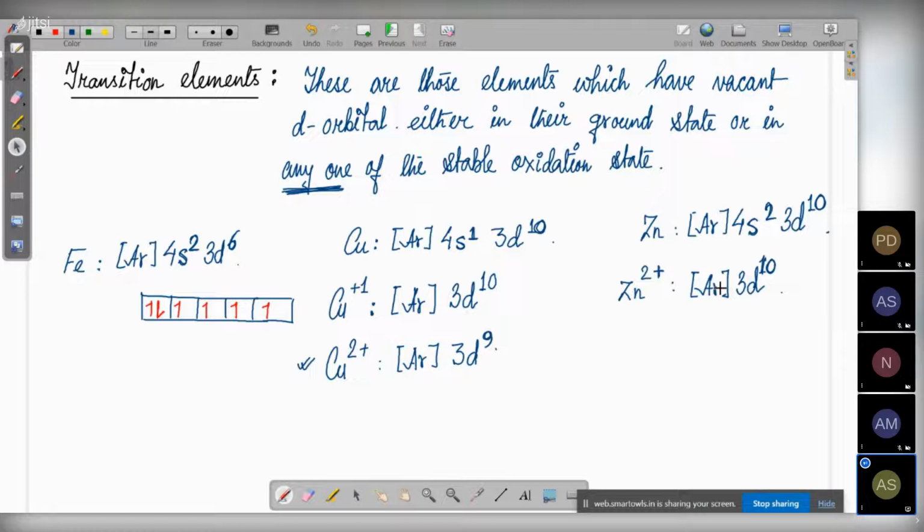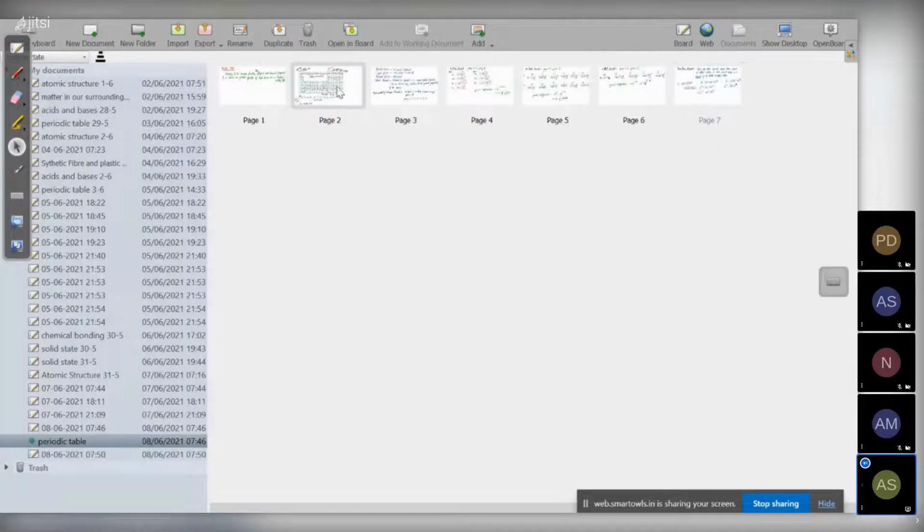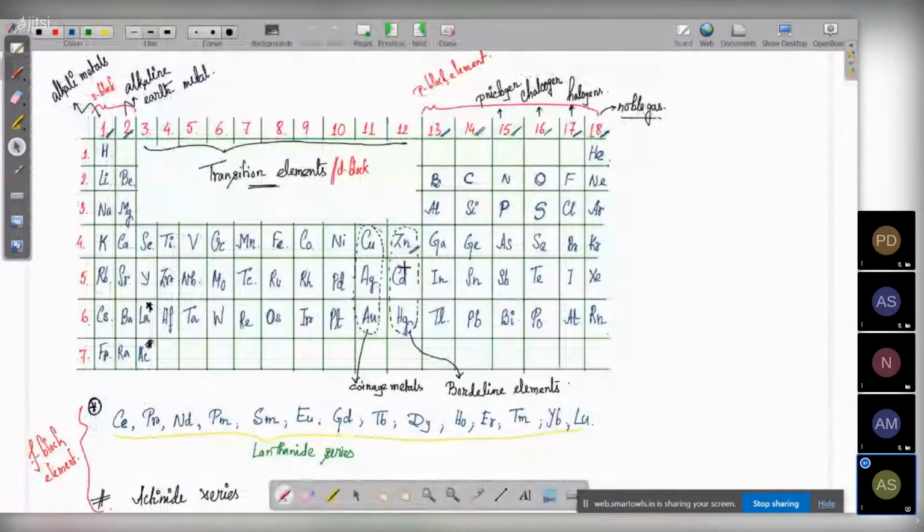You can say that zinc does not satisfy the definition of the transition elements. But zinc again has some of the chemical properties that are shown by a transition element. So zinc, although it does not satisfy the basic definition of a transition element, yet it has some chemical properties similar to those of a transition element. That is why, when I wrote the periodic table in the previous class, I said that zinc, cadmium and mercury are borderline elements.